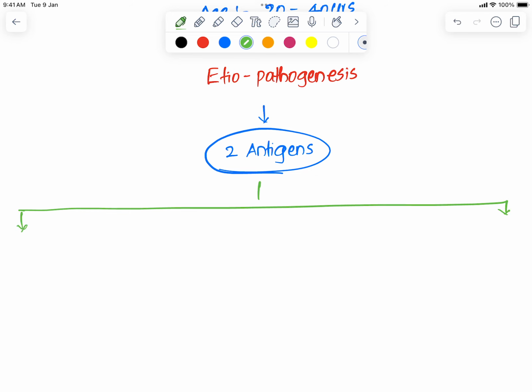One is Propionibacterium acnes. And in the case of Mycobacterium tuberculosis, you have an antigen which can induce this non-caseating granuloma, that is the MCAT antigen. So these are the two antigens which will induce the non-caseating granuloma causing sarcoidosis.